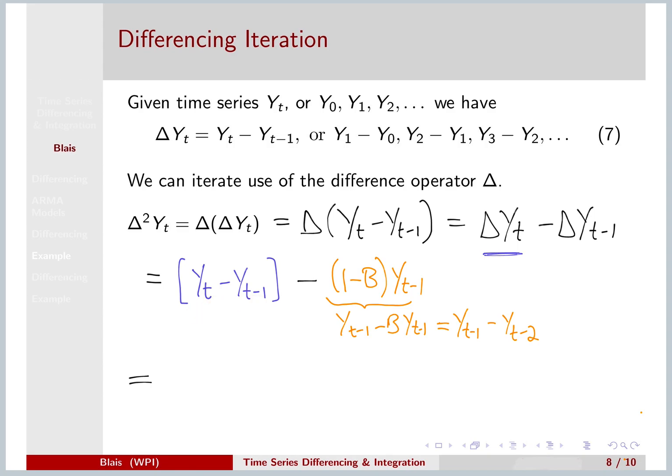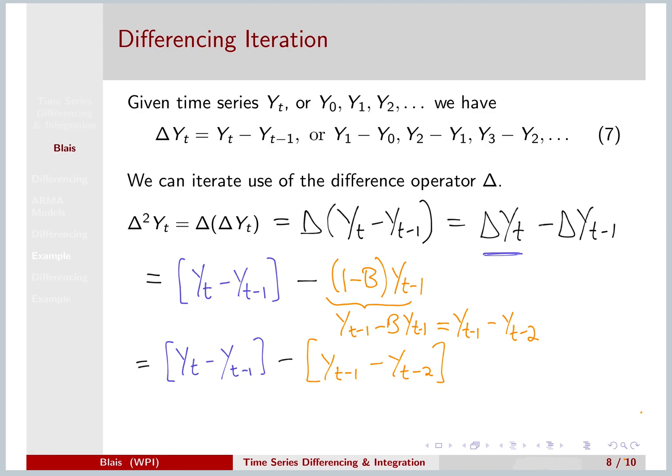And we see that we now combine these two terms. So we have a y_t. But notice here, and we should be a bit careful, maybe we should rewrite this. So this becomes, we still have our first term here, y_t minus y_{t-1}, and then we're subtracting this new term, y_{t-1} minus y_{t-2}.